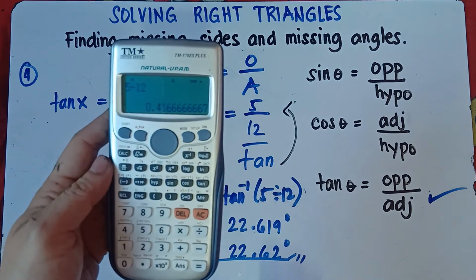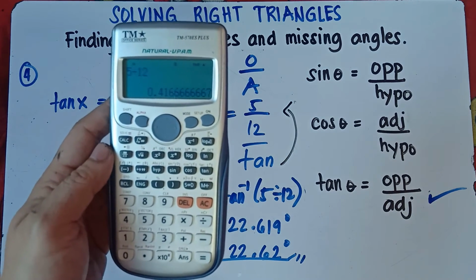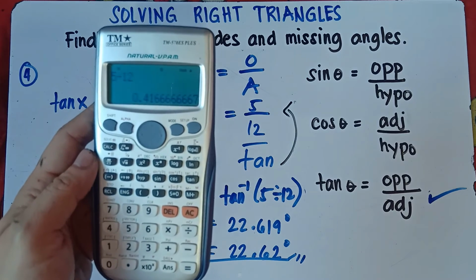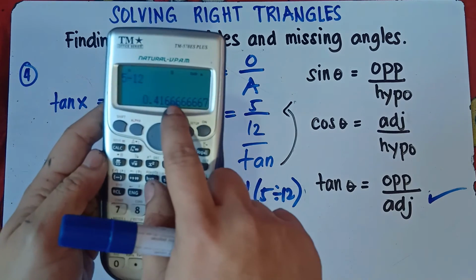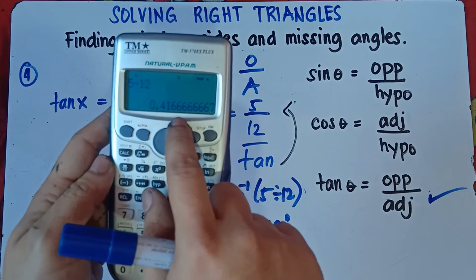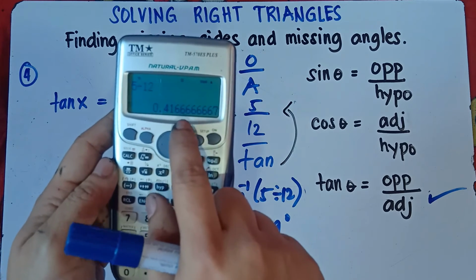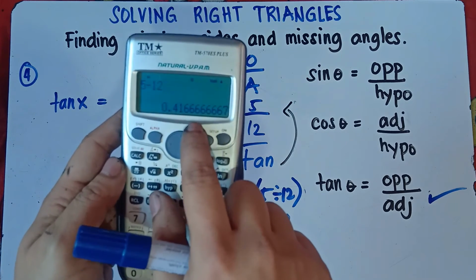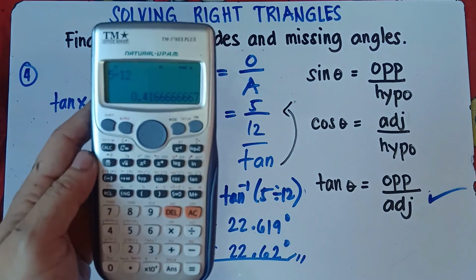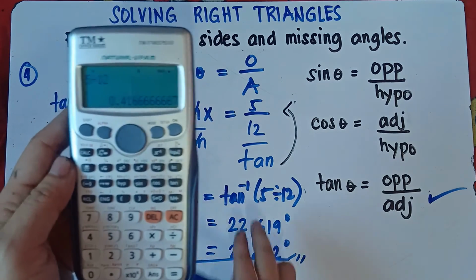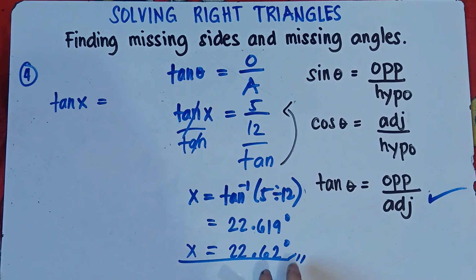Your answer in decimal will be 0.4166666. You're not allowed to round it up because this is not your final answer. If you round this up, you will commit a mistake and your final answer will be different.